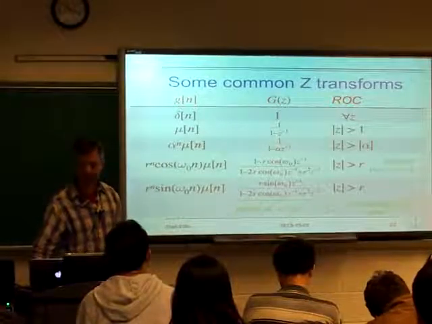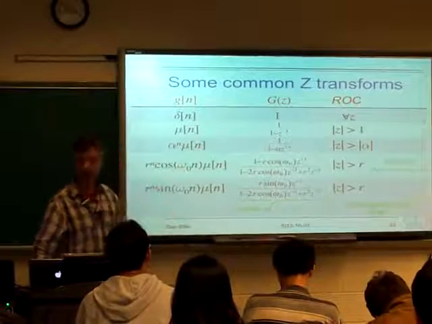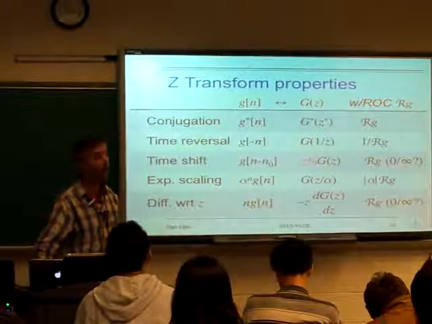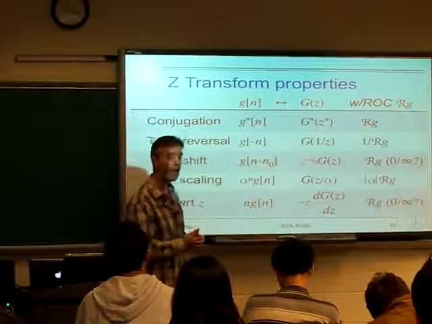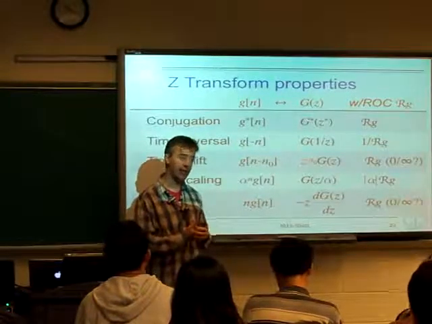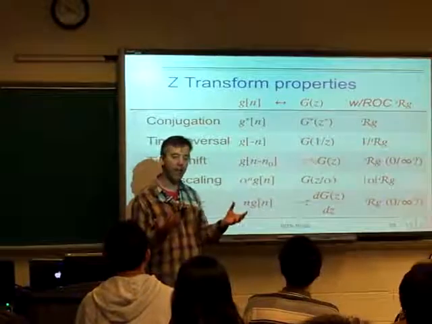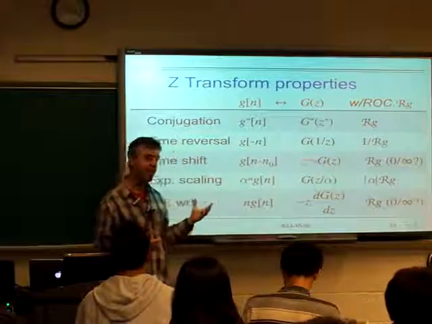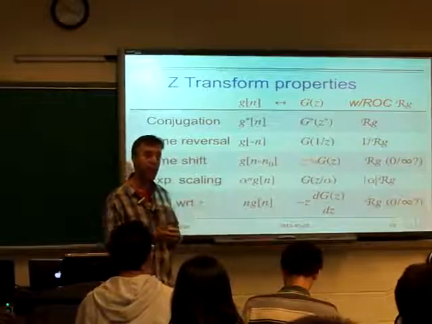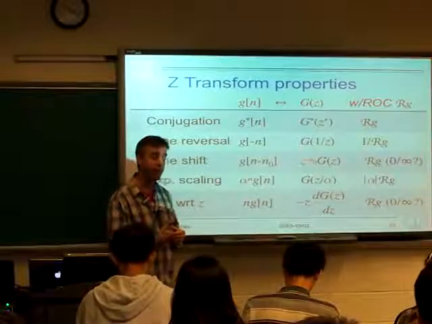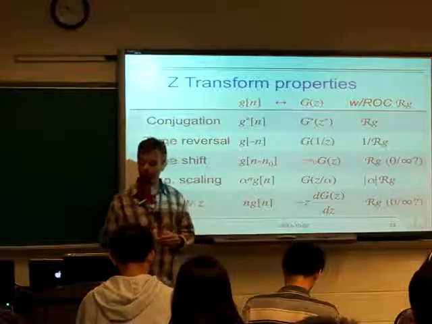So we ended last time by running through some of the transforms and the properties of the Z transform, which basically all parallel the properties of the DTFT, because they are a superset. In any situation, if you substitute z equal to e to the j omega, you should get the same relation, the same identity we had for the DTFT.